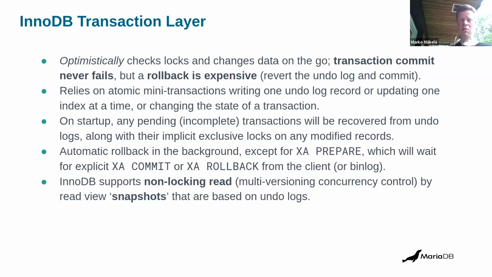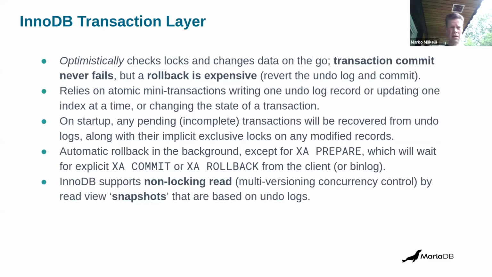But if there was any problem like a deadlock or a duplicate key error or a lock wait timeout, then we need to roll back the changes that we already made in this transaction. So we need to revert or apply the undo log in reverse and then commit the empty transaction. That can be very expensive, of course.